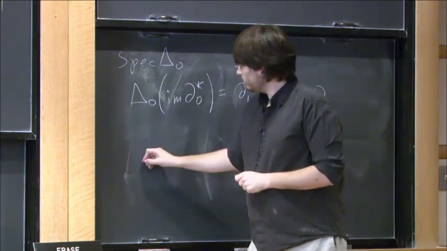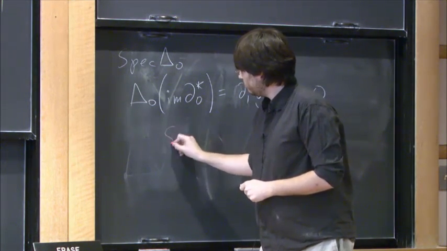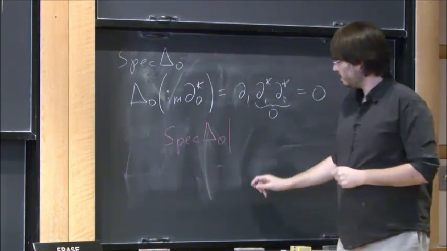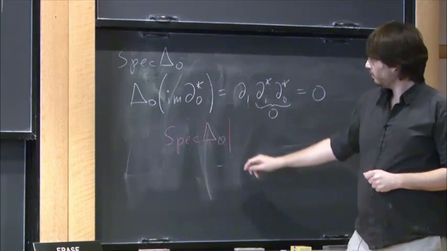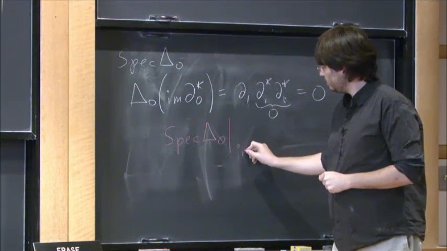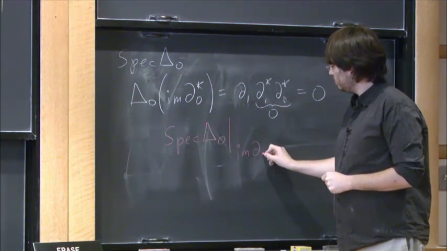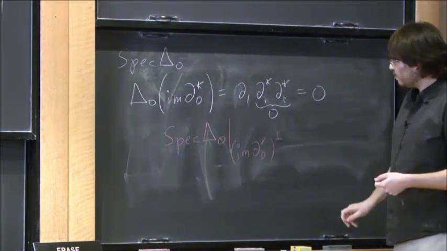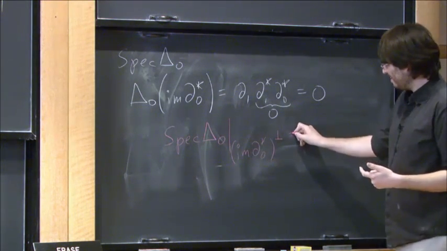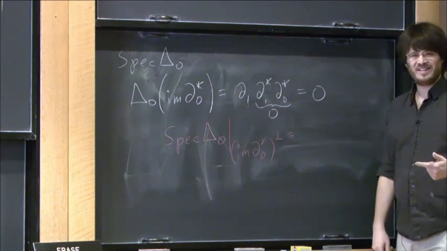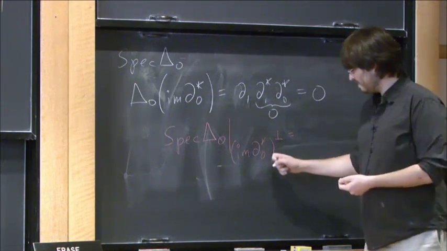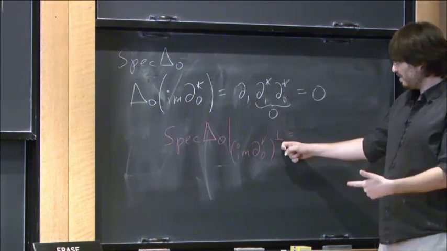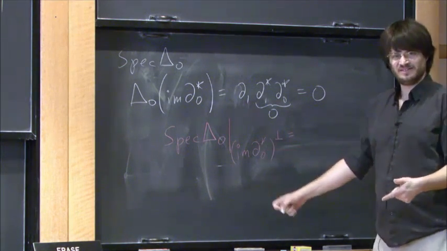And so what we want to do is look at the spectrum of the Laplacian, but restrict to the orthogonal complement of what's coming from below. And now we have the fundamental theorem of linear algebra, I like to say it, that the orthogonal complement of a dual is the kernel.